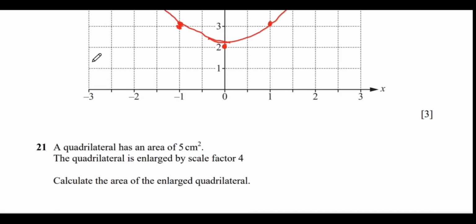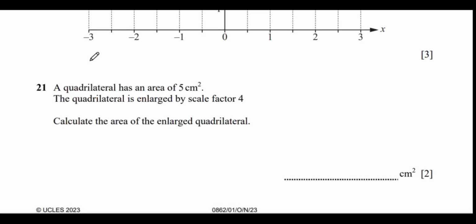All right, so the next question we have is that a quadrilateral has an area of 5 cm square. The quadrilateral is enlarged by a scale factor of 4. Calculate the area. So it means that k is equal to 4.